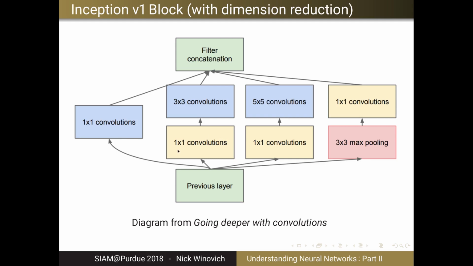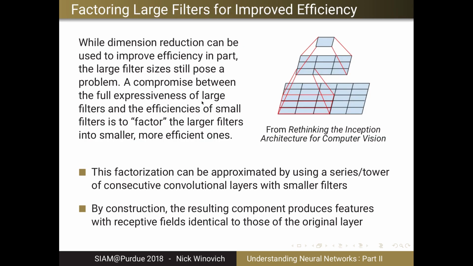And so what these 1x1 convolutions will do is they'll basically just rescale values in the original input, and they'll add the channels or the features together before applying the convolution. So this is one improvement to the original naive version, but it's still an issue.